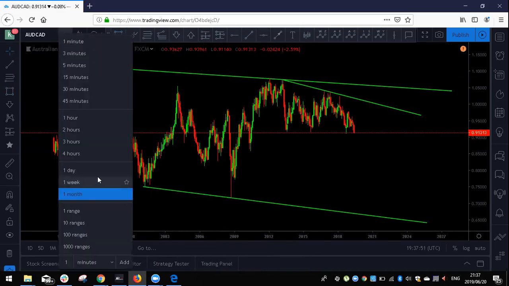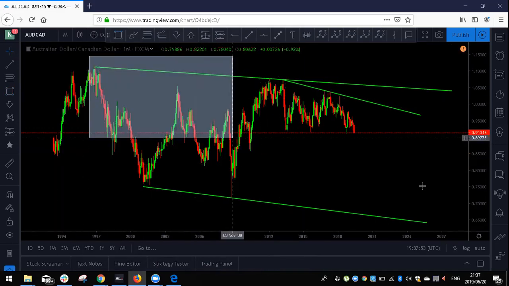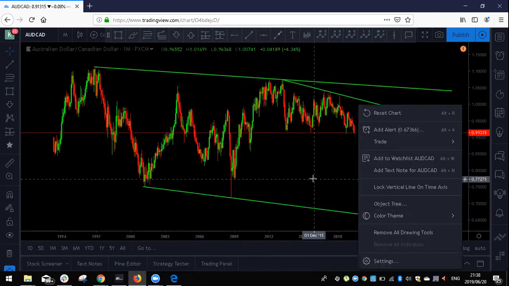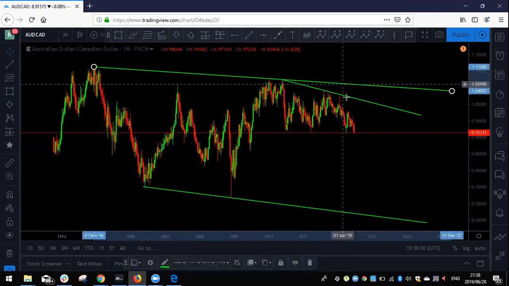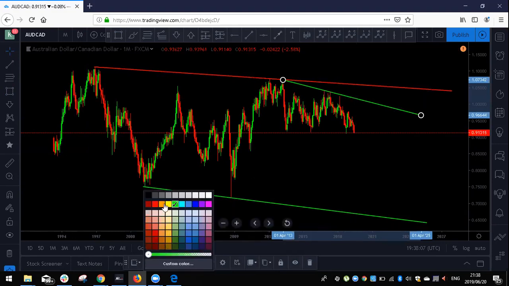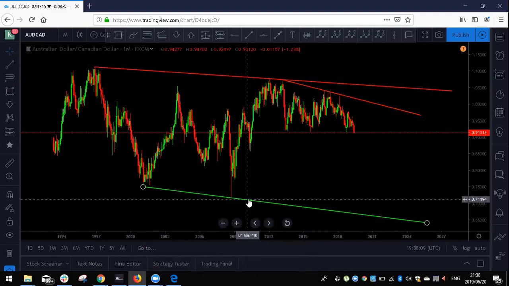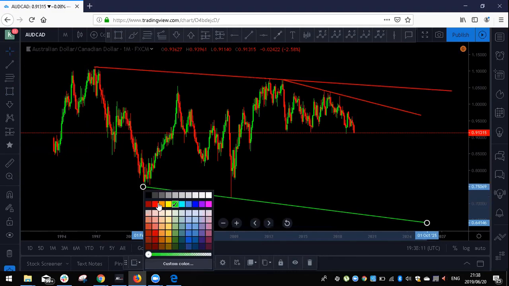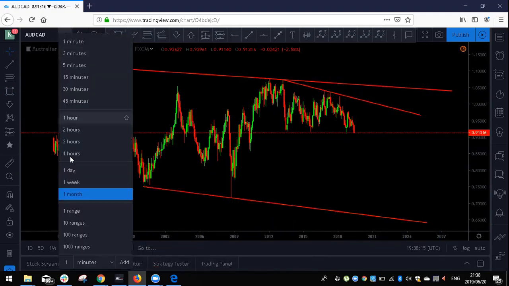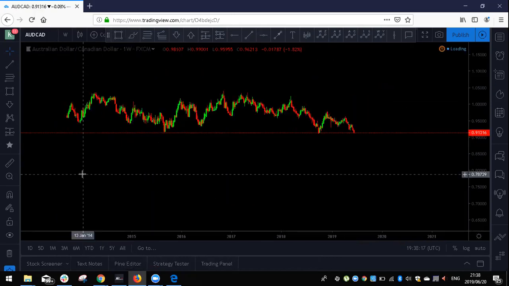Now, what that book is going to tell you is to have these in different colors, just so you can differentiate them, or differentiate them as per time frame. Let's do the monthly one in red. So the monthly ones are red. Let's do the weekly ones.